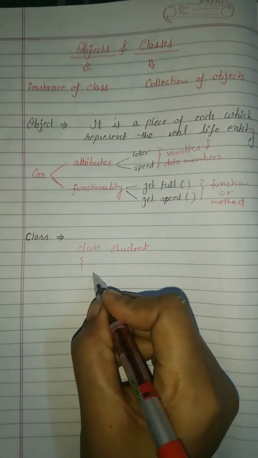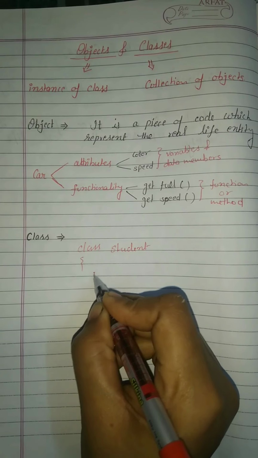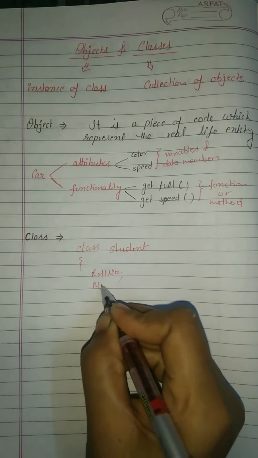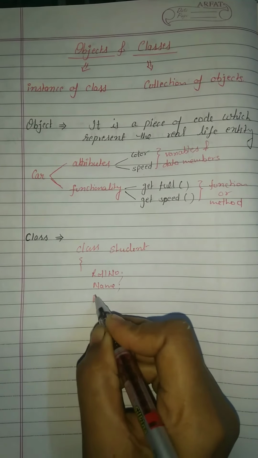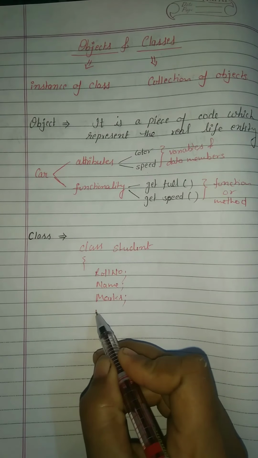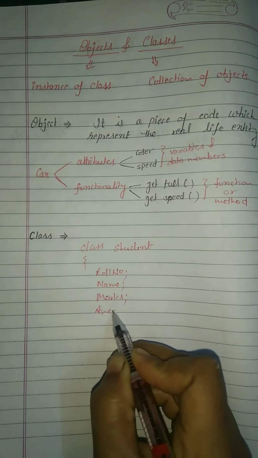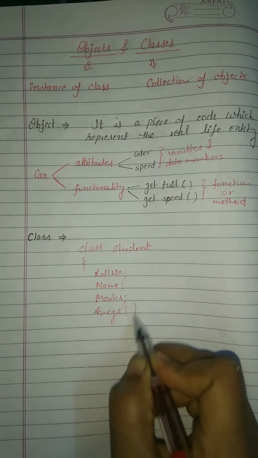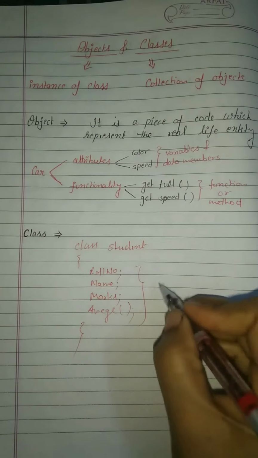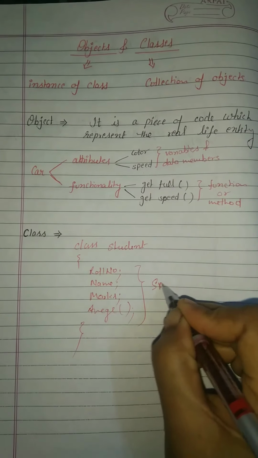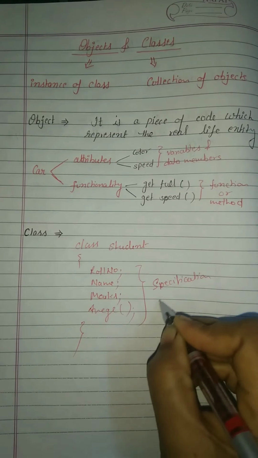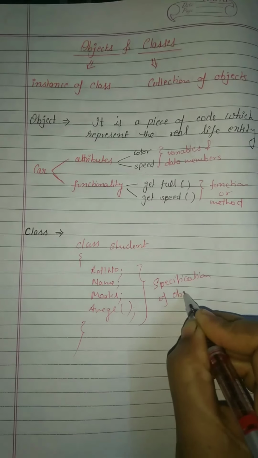We have, say, the roll number of the student, name of the student, marks of the student, and the average of the student, like this. These are the specifications of the object.